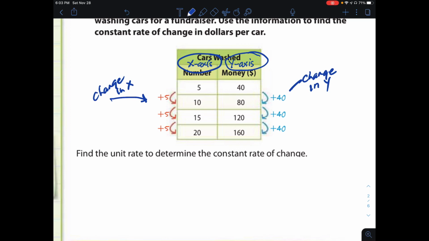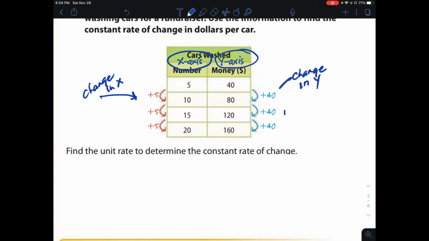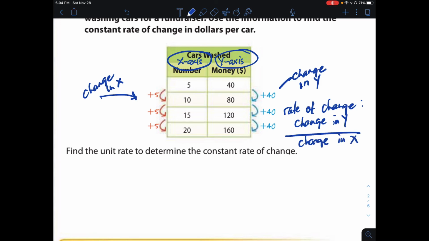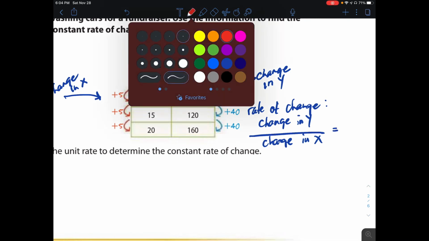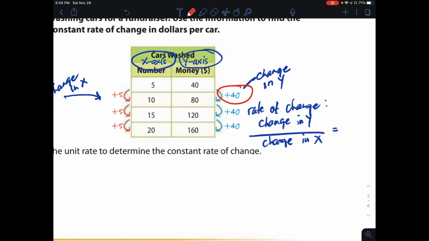That's a good way of looking at our table, because now when we talk about constant rate of change or rate of change, we can say that the rate of change is our change in y over change in x. If this is the case, our change in y here, if we look at our table closely, is 40. So our change in y is 40, and our change in x is 5.